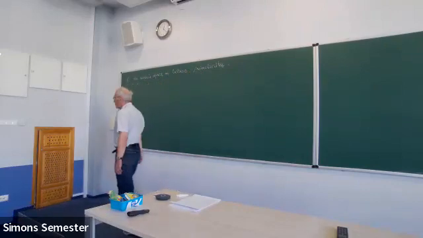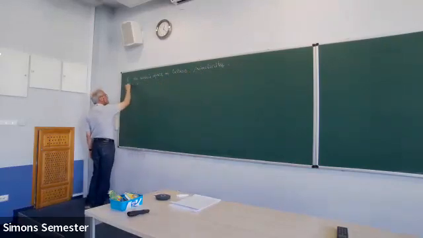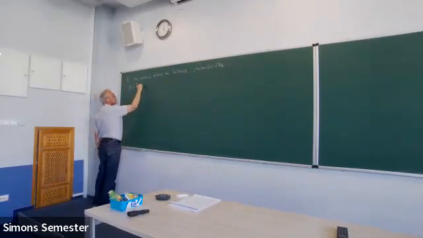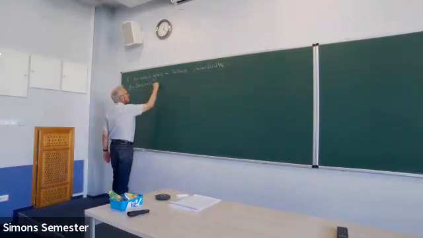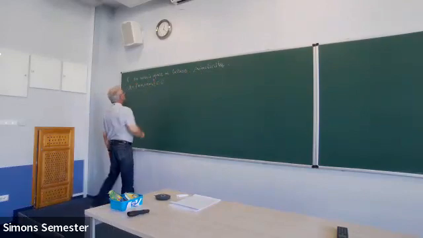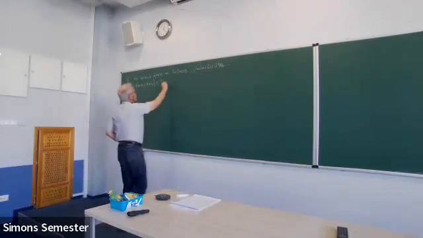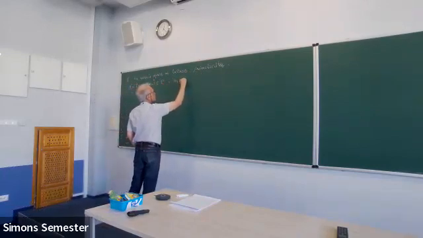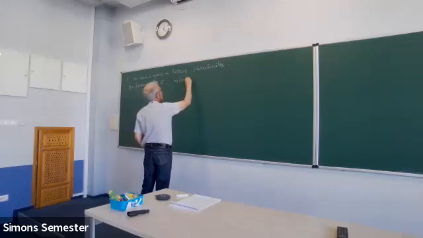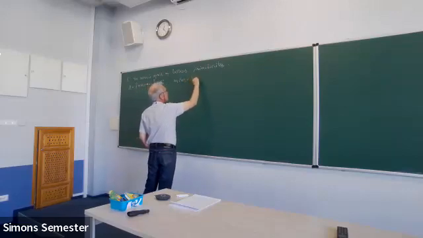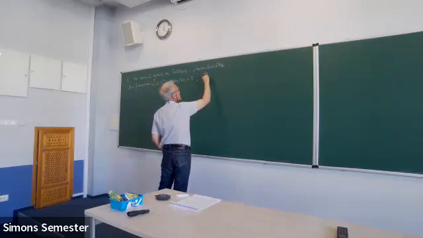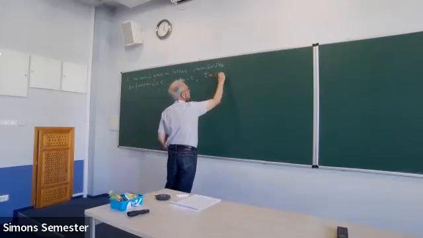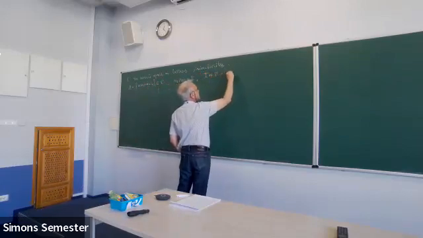So let me introduce a lattice. This is the set of omega 1 times m plus omega 2 times n, where I normalize omega 2 over omega 1. So this is called tau, and the imaginary part of tau is positive.